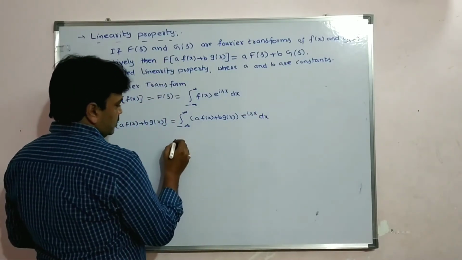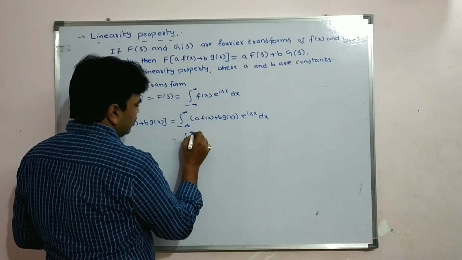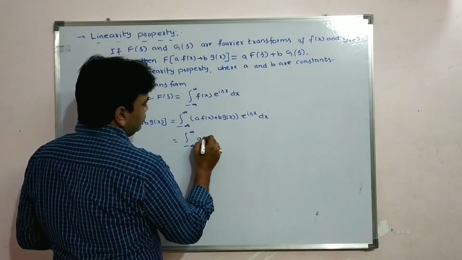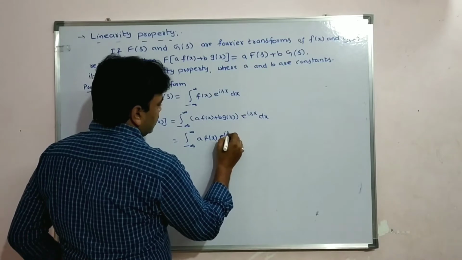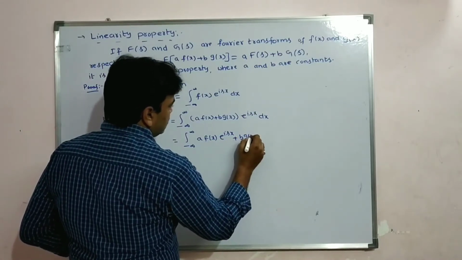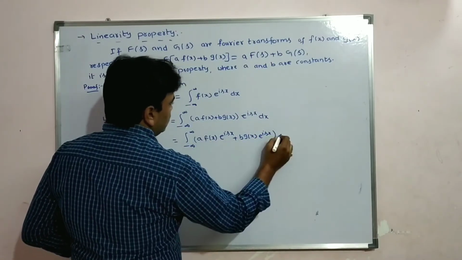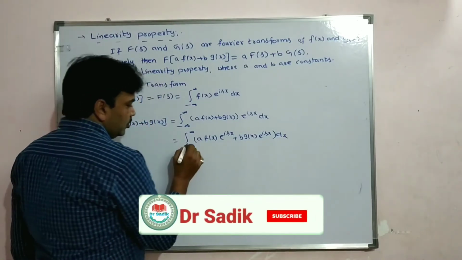Simply multiplying, we get the integral of a f(x) e power isx plus b g(x) e power isx dx.